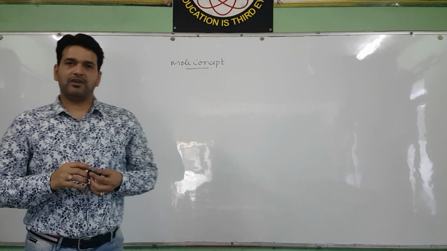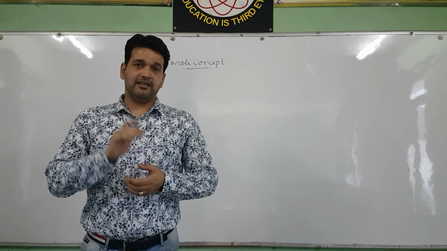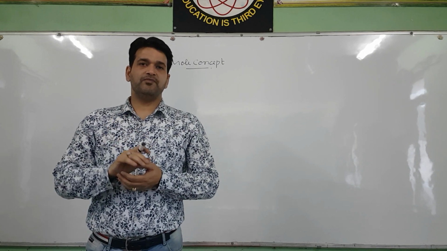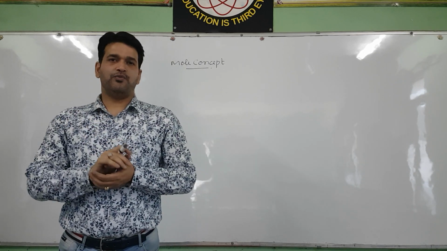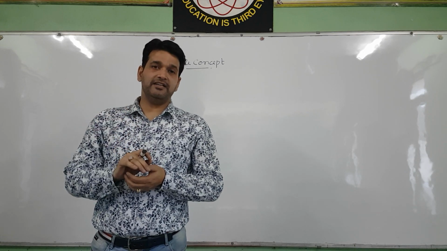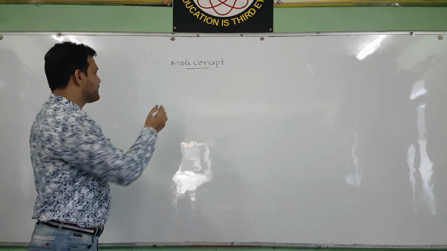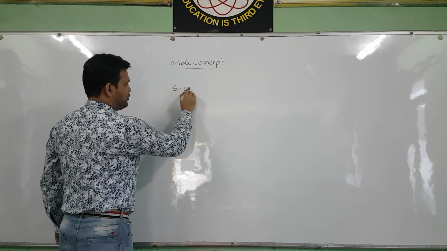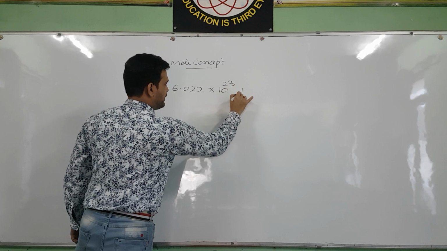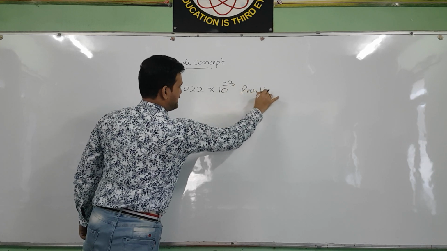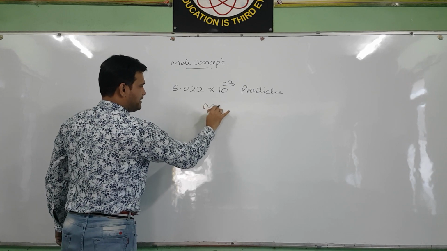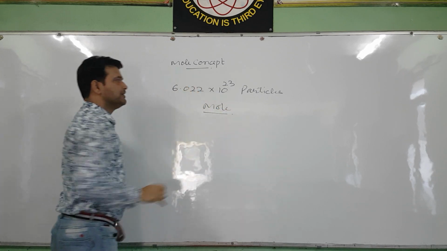Just like we use the word dozen for 12 particles, we use the word century for 100 runs or 100 years. Likewise, to express 6.022 into 10 raised to the power 23 particles, we use the word mole.